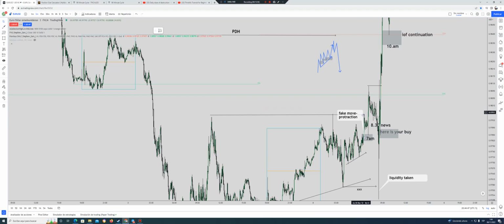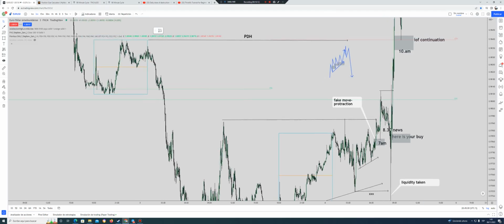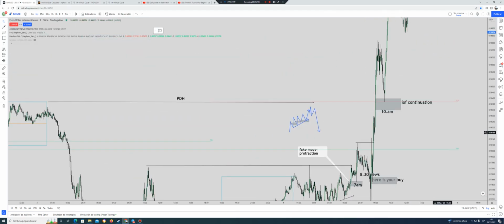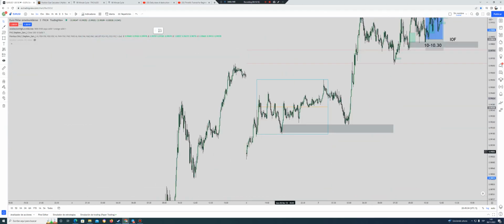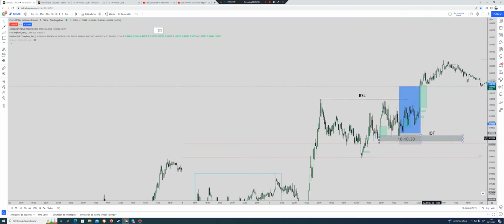Remember, this is not a secret. There's no secret on how to trade. It's not always going to be the same thing, because the CLS is not going to do the same thing every day. They always have different orders from those big guys, from those banks, hedge funds, mutual funds.